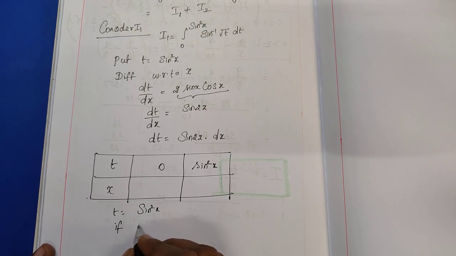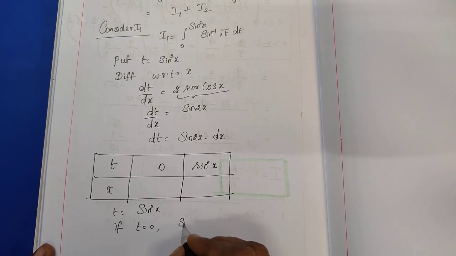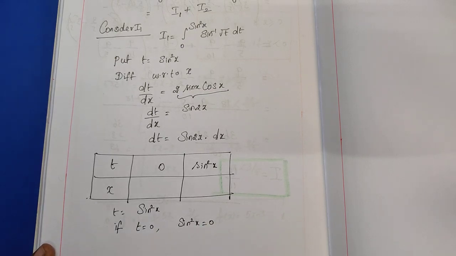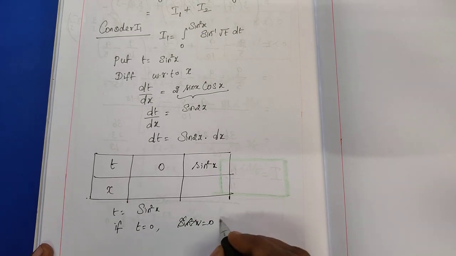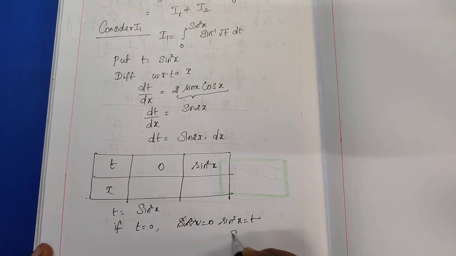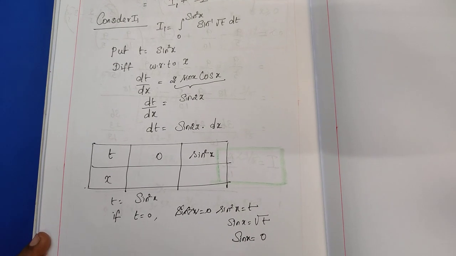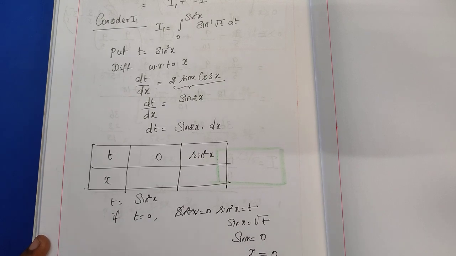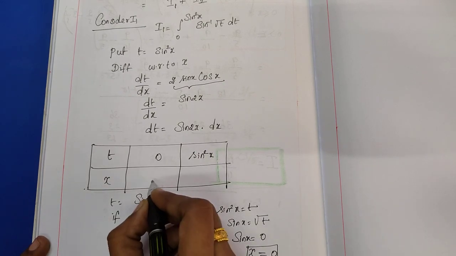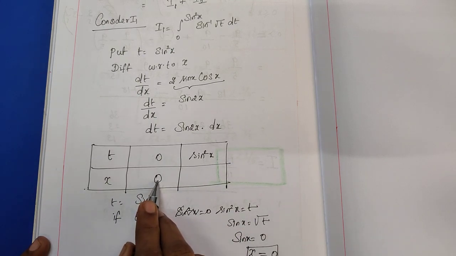If t equals 0, then sin square x is equal to 0. Since sin square x equals t, sin x is equal to root t. Substituting 0, root of 0 is also 0, so sin x is equal to 0. From this, x takes 0.